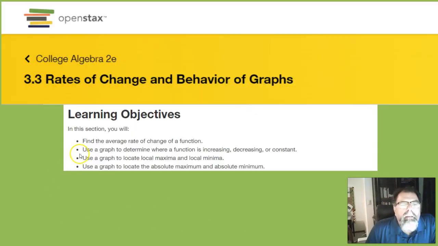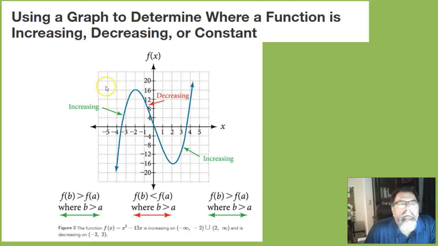Our second learning objective for today is use a graph to determine where a function is increasing, decreasing, or constant. If you look at this graph that's given in the book here, it's saying it's increasing and they're pointing to this part.